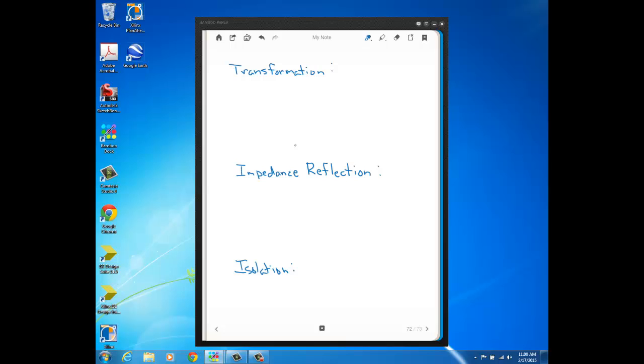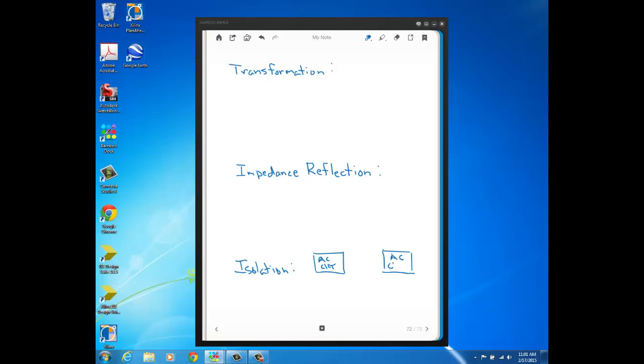These are the other uses, transformation and impedance reflection, that we're going to get to later. But still talking about isolation here. One way to connect two AC circuits is an electrical connection: just take two conductors, two wires, and connect the circuits directly.